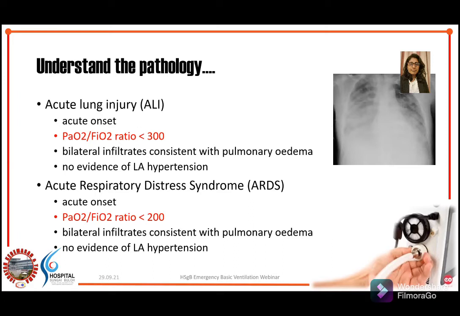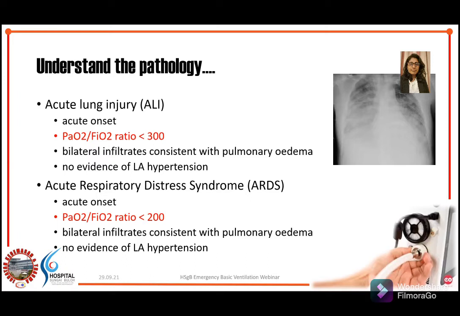But before knowing your lung protective strategy, you must understand the pathology that you're dealing with. Is it an acute lung injury or is it ARDS? For acute lung injury, it has to be acute onset, your PF ratio is less than 300, and you can see bilateral infiltrates consistent with pulmonary edema. But this pulmonary edema must not be influenced by LA hypertension, which is your cardiogenic cause, cardiogenic heart failure.